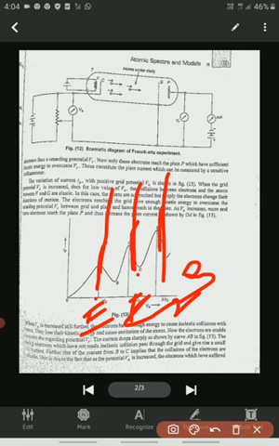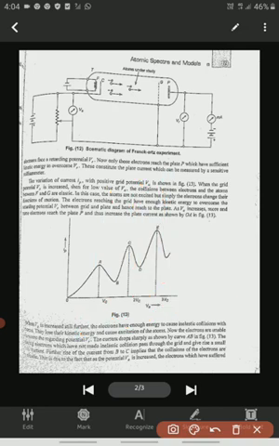From this we concluded that atoms or electrons have stationary orbits or discrete energy levels, that is, the energy levels of electrons are quantized.